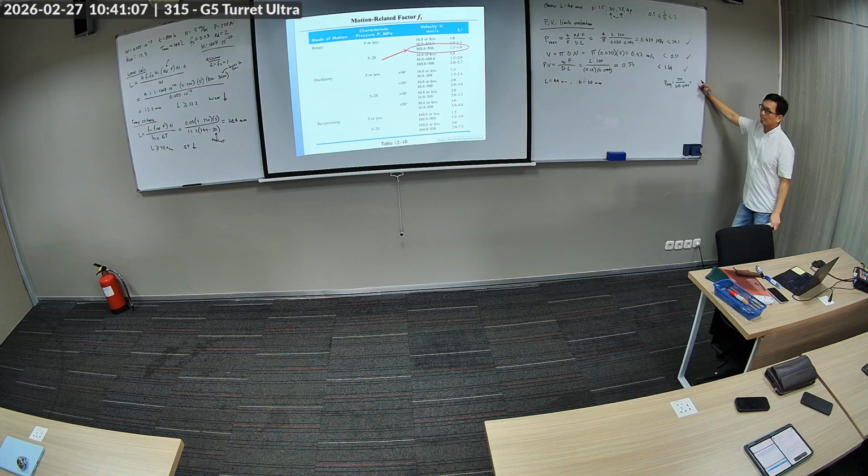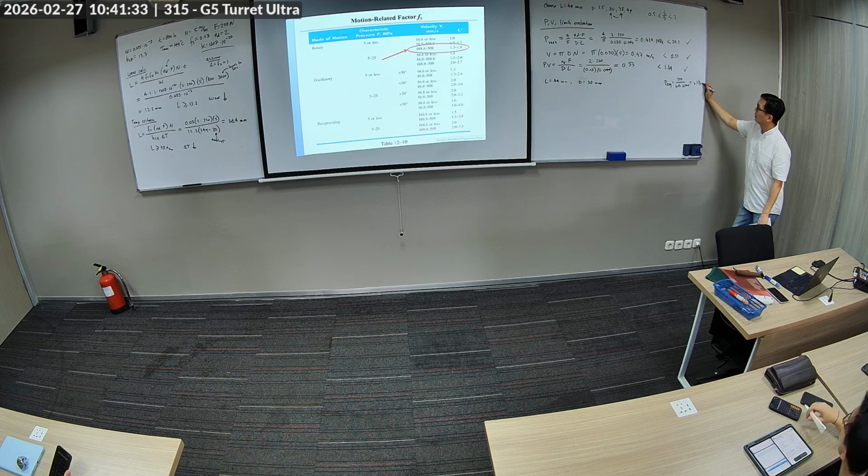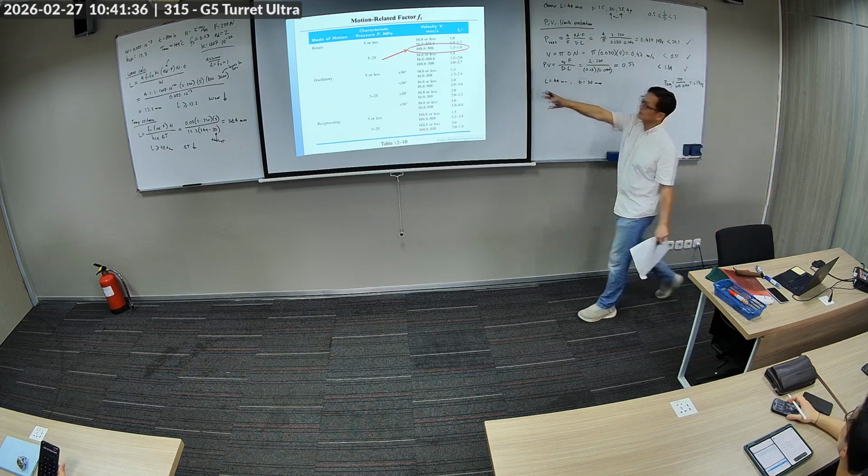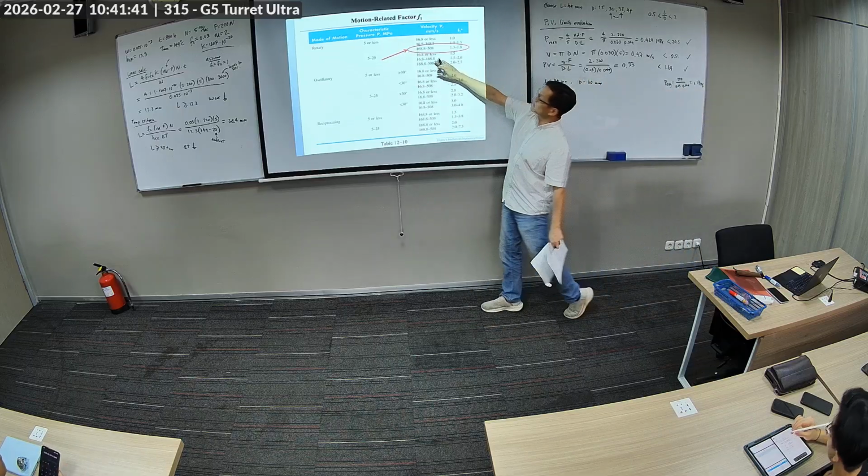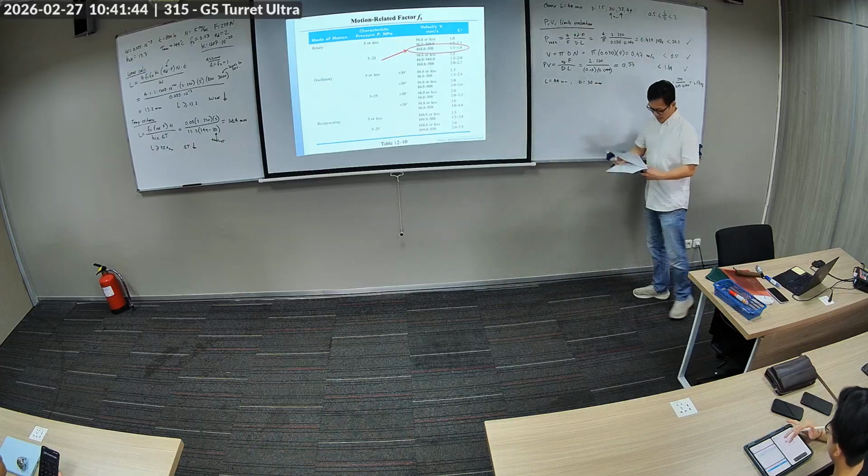My average pressure, in MPa? 0.1. Okay? So this is definitely less than 5. So we are here. Velocity is also 330, right? So we are there.